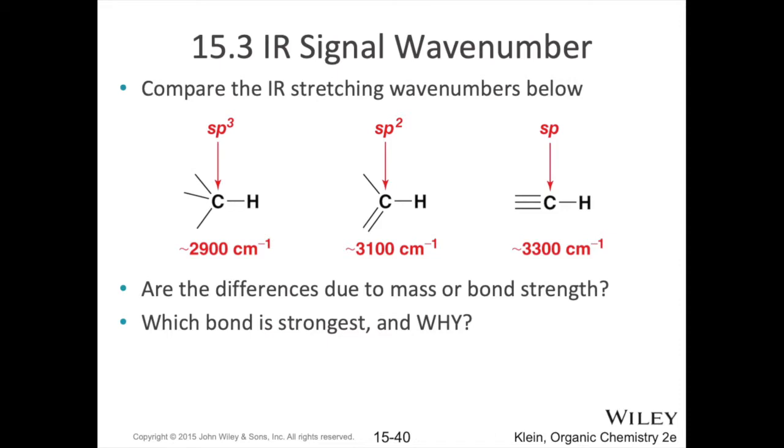It probably makes a little more sense when you think about the size of the orbitals involved. If you have an sp hybrid orbital, those orbitals are smaller because they've got more s character, and therefore you're going to have more overlap with the s orbital of your hydrogen atom, and that is why your wave number is going to be higher.